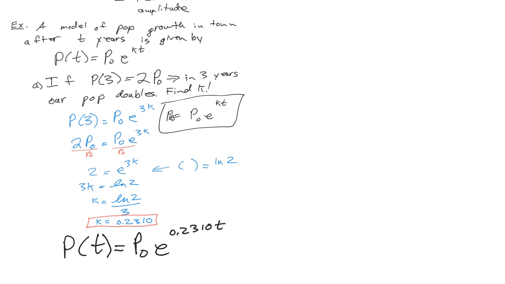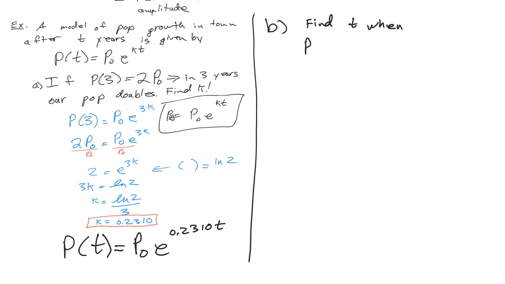Now, if I ever wanted to, I could ask you to find the time when our population is equal to 5 times the original population. So we can go back to that problem that we did before and use our basic equation here.